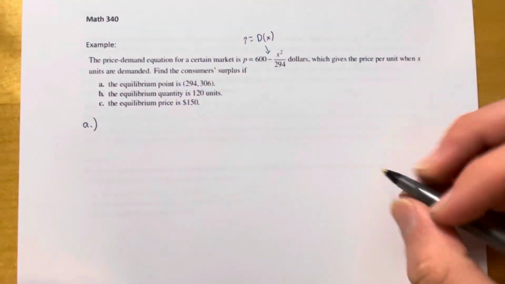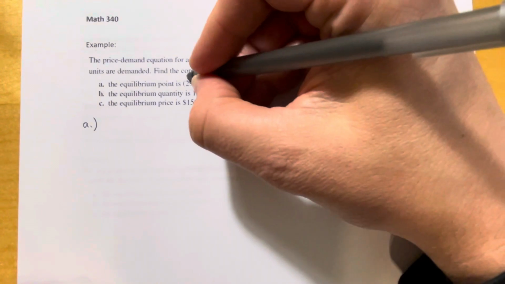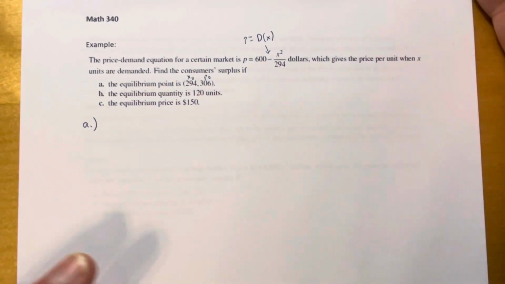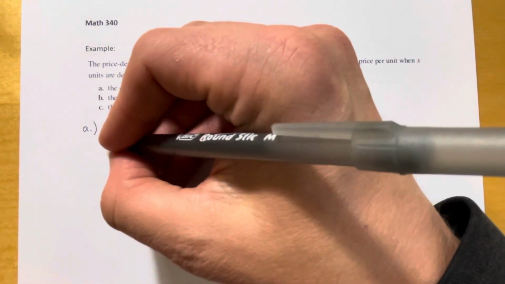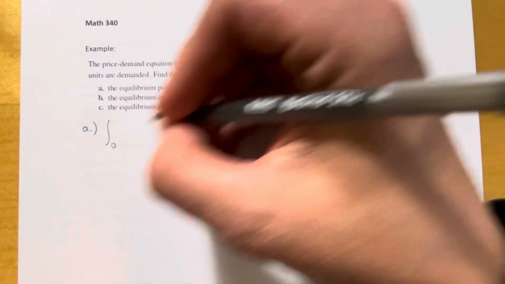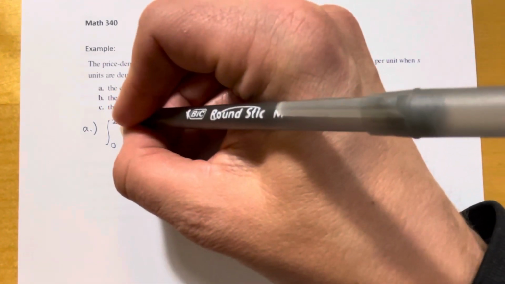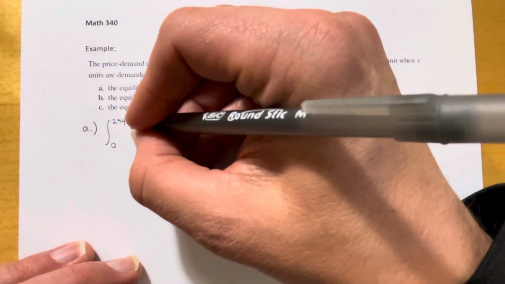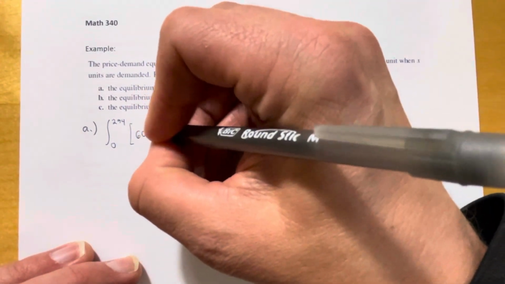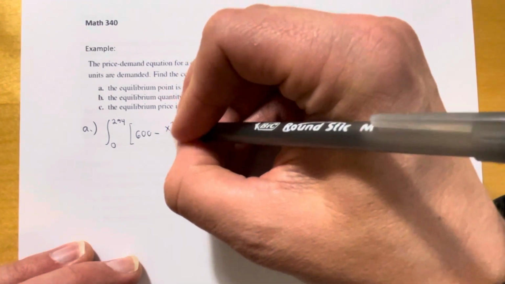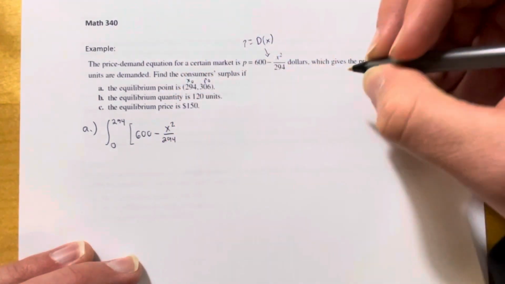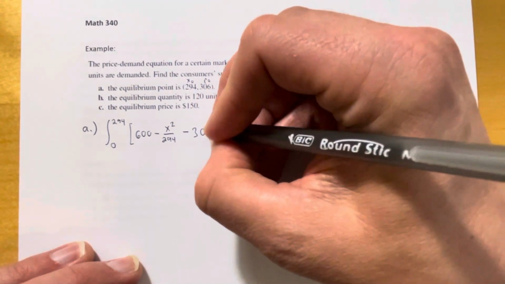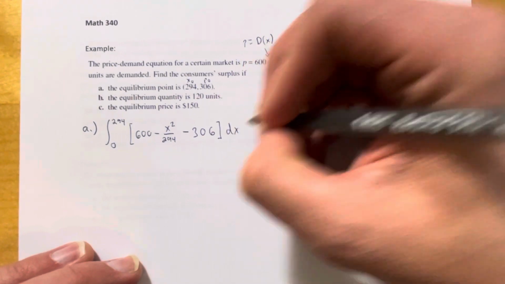So in the formula for how to compute consumer surplus, that's what we're using as our d of x. All right, so for part A, we're given an equilibrium point, which means we have an x naught and we have a p naught. So the formula for consumer surplus says I take the integral always starting from 0 up to that value of x naught, 294, of d of x, so that's 600 minus x squared over 294, minus p naught. p naught is 306, dx.